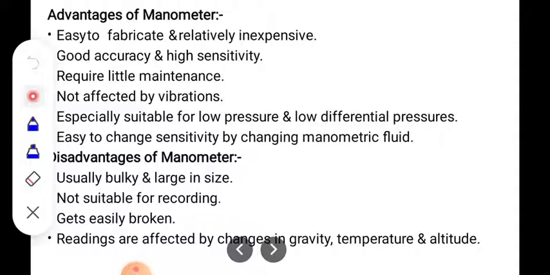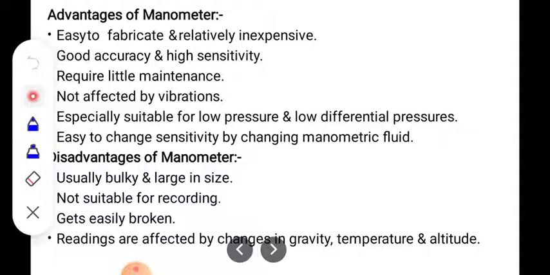Readings are affected by changes in gravity, temperature and altitude. Suppose we are at a higher altitude, a different reading will be shown, and gravity also changes, so it will affect the output of the pressure measurement.